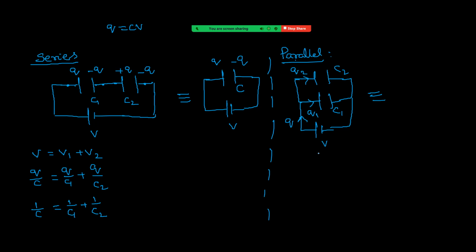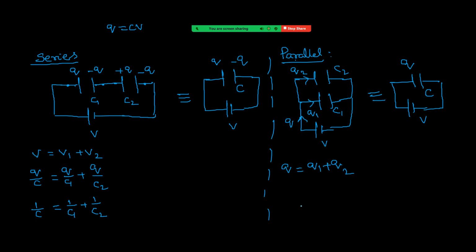Okay, so I can write here Q equal to Q1 plus Q2. Replace these two capacitors with a single capacitor so that for the same battery there must be the same charge. So for that, what should be the capacitance?